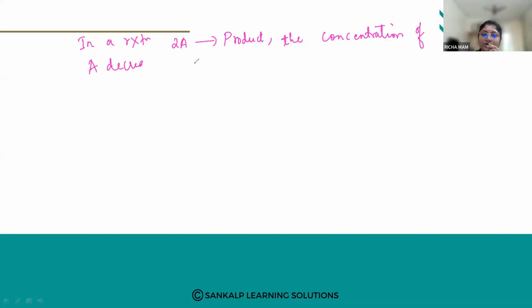The second question is: in a reaction 2A giving you a product, the concentration of A decreases from 0.5 mole per liter to 0.4 mole per liter in 10 minutes.